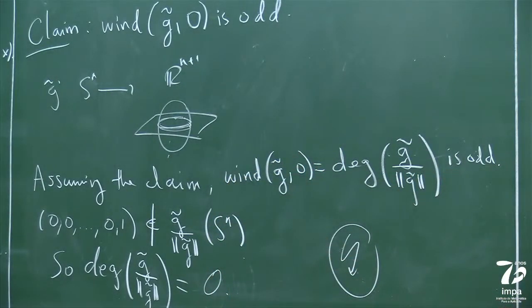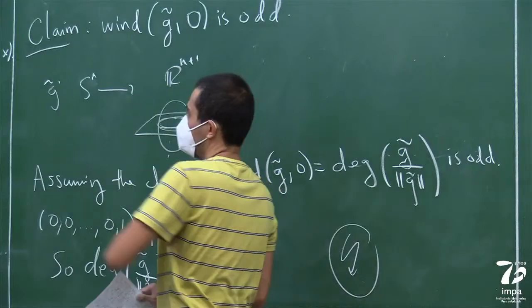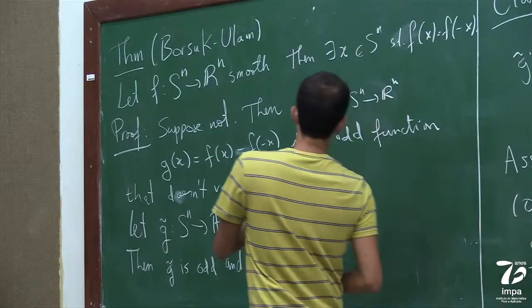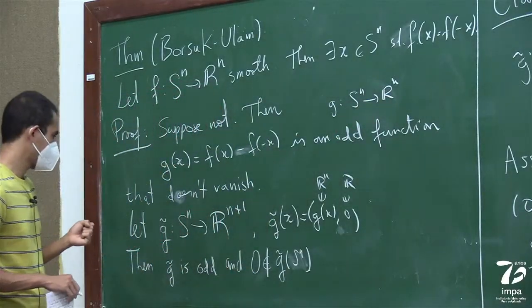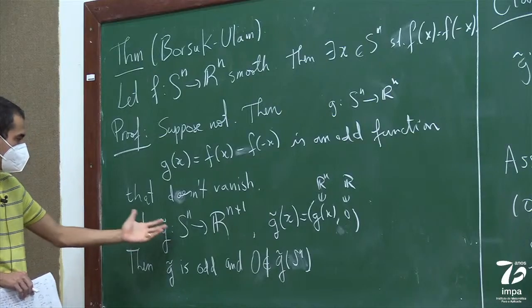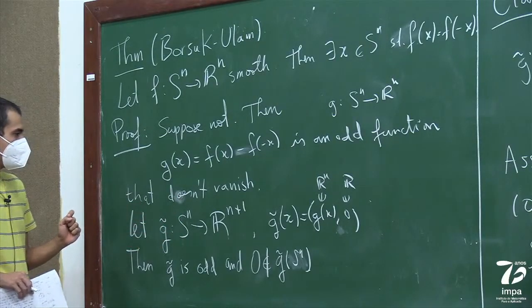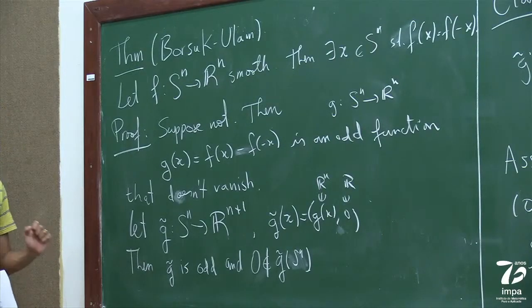So now we have to prove the claim. Now I guess you could say that the Borsuk-Ulam theorem is basically this claim: that if you take an odd function from Sn to Rn plus 1 that misses 0, then the winding number with respect to 0 is odd.